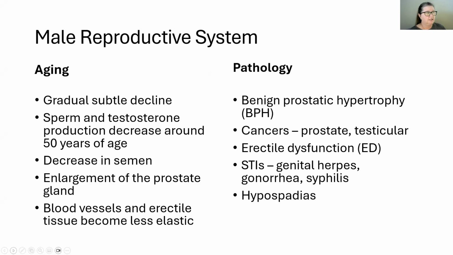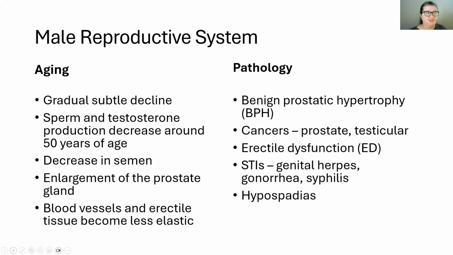As the male reproductive system ages, there's usually kind of a gradual, subtle decline. Sperm and testosterone production starts to decrease around the age of 50 for most men. Now, unlike women, it never stops.